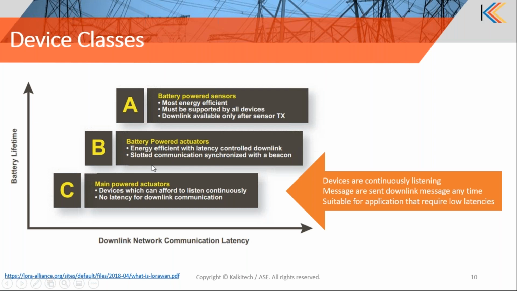And Class C would be mains powered actuators, which are devices that should be continuously listening and have no latency for the downlink communication. So for the distribution LV side and LV monitoring, the devices have to be configured as Class C devices.